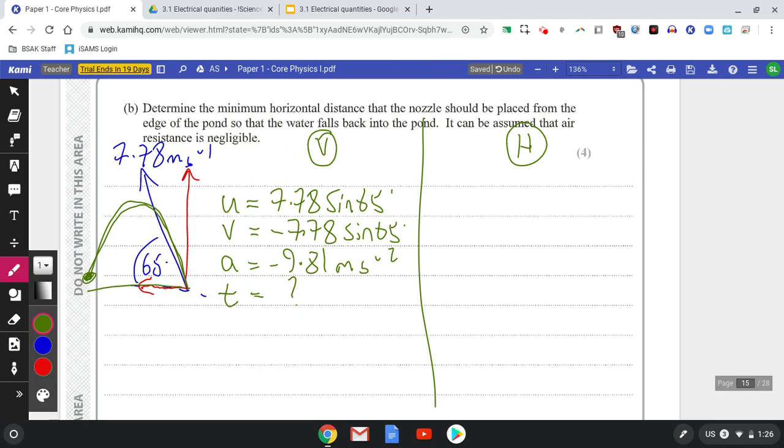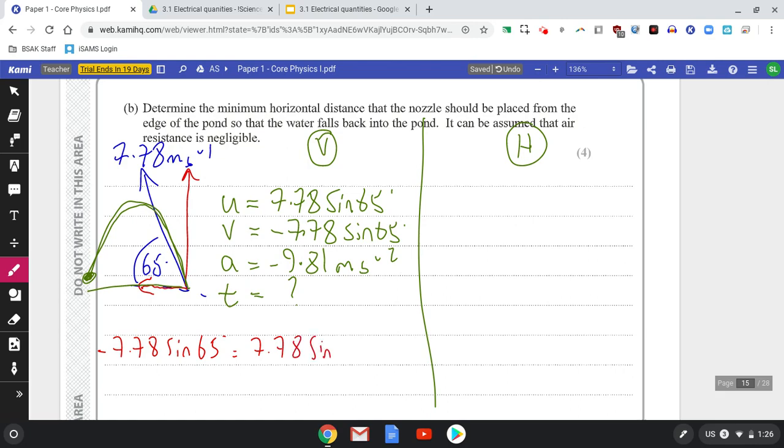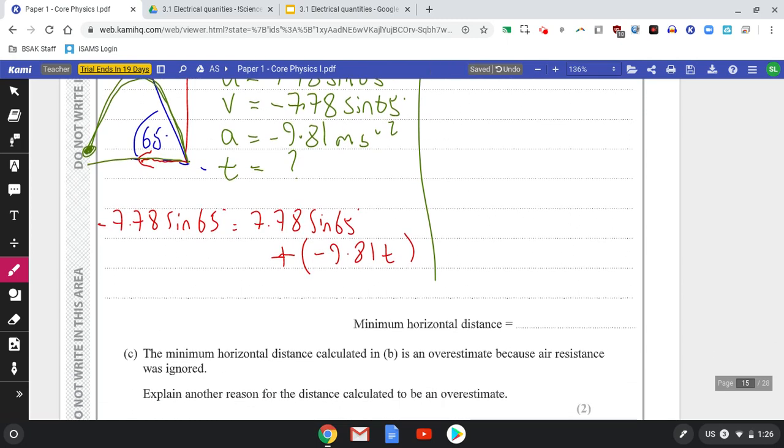So what do we got? Substituting into v equals u plus at, we have minus 7.78 sine 65 equals 7.78 sine 65, plus minus 9.81 T. And that comes out, when we calculate it, with a value of T to be 1.44 seconds.